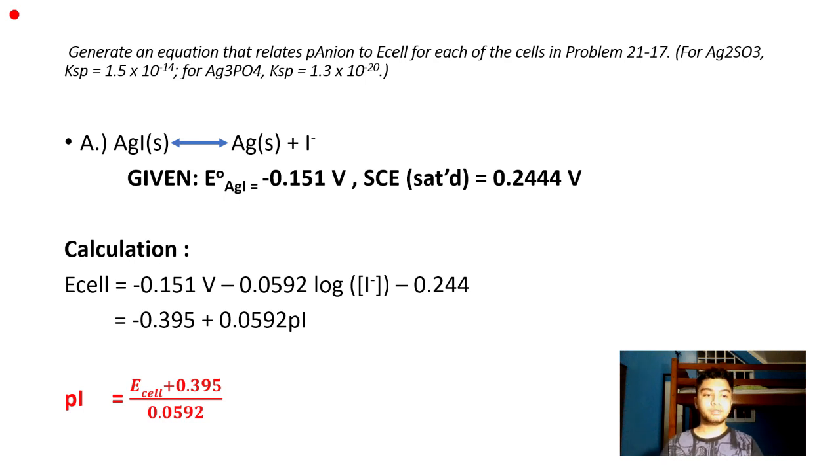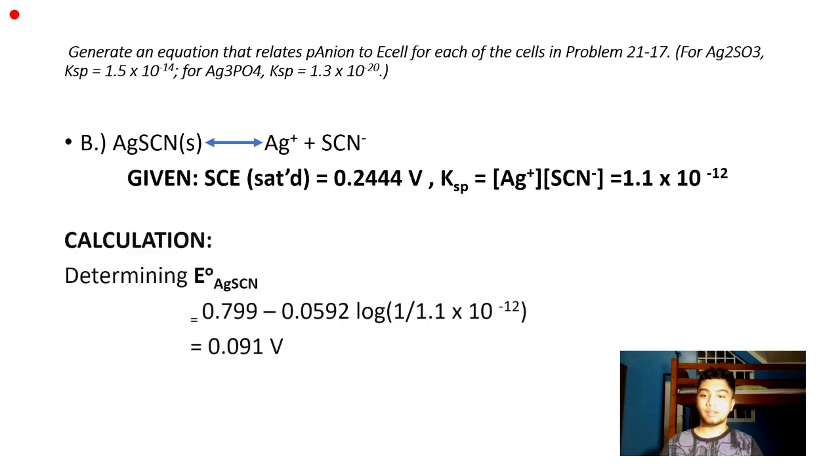Now, moving on to part B, since the anion is the thiocyanate or the SCN, we transform this to the equation: AgSCN solid yields Ag plus SCN negative.